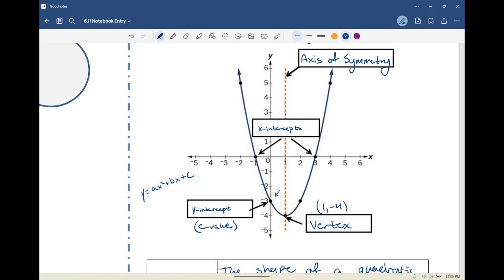You have to write it as an equation of the line. And so what should I write? Not just 1, but what? X equals 1. This number and this number should always be the same. If your axis of symmetry goes through your vertex, it's always just x equals the x value of your vertex. That's it, every time.